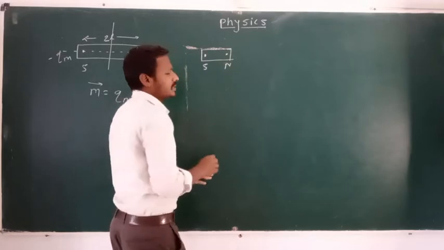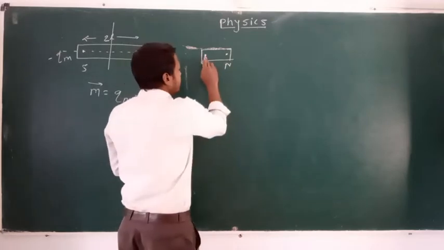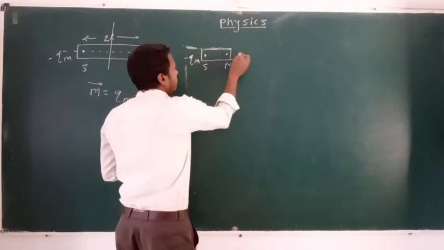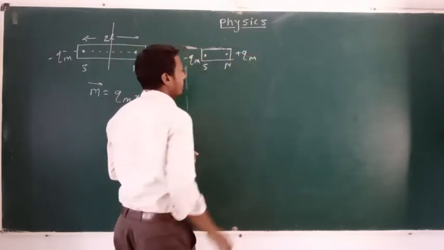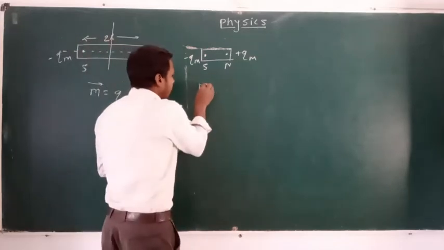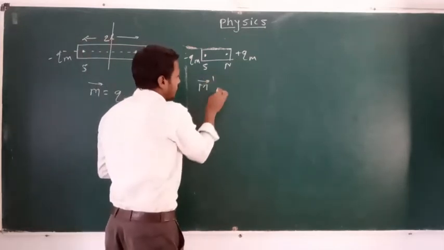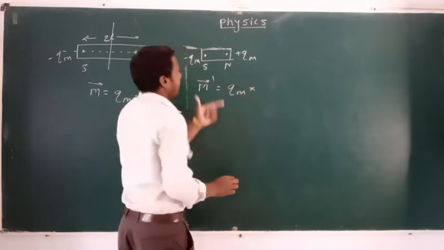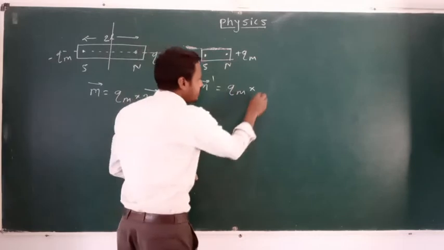Okay, the pole strength remains the same, that is, the south pole has minus qm and the north pole has plus qm pole strength. Then the magnetic dipole moment m bar dash is equal to qm multiplied by this length, which becomes half, that is l.